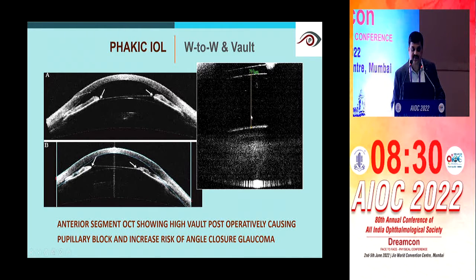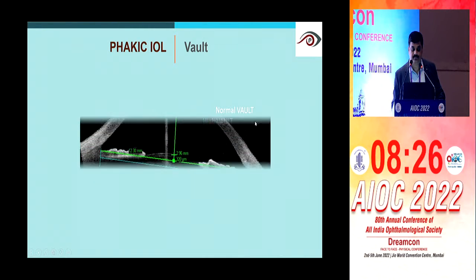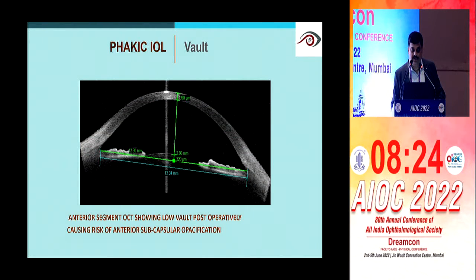Here you can see a vault of around 793 micron. Here you can see the anterior segment showing a low vault postoperatively, causing a risk of subcapsular opacification. It is almost touching the anterior capsule.